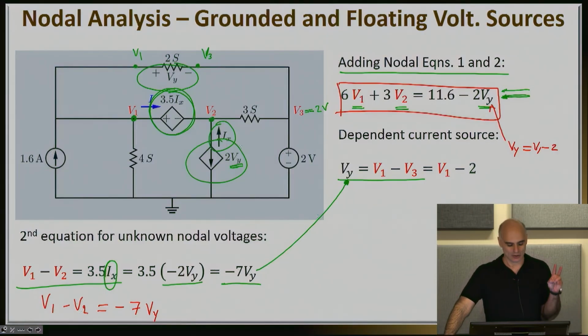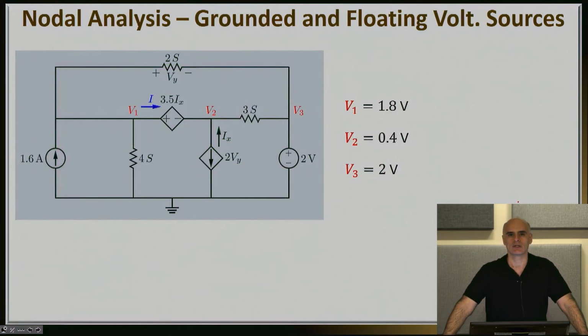So two equations, just two unknowns, V1 and V2. I can go ahead and solve them using either the matrix form or substitution or any other methodology you want, and you will find out once you do that V1 is 1.8 volts, V2 is 0.4, and of course V3 is 2, which is what we already knew.